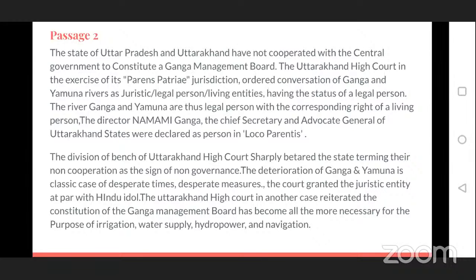The Uttarakhand High Court, in other cases, held that the constitution of the Ganga Management Board has become all the more necessary for the purpose of irrigation, water supply, hydropower, and navigation.